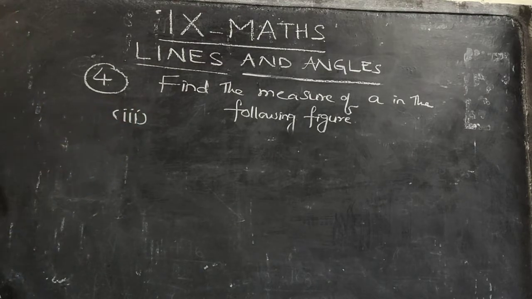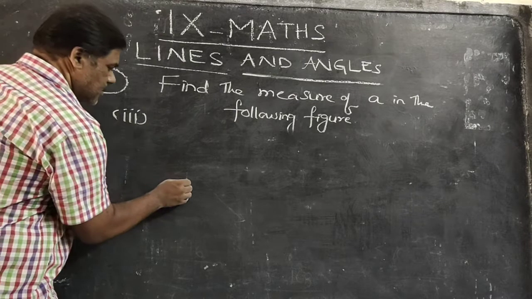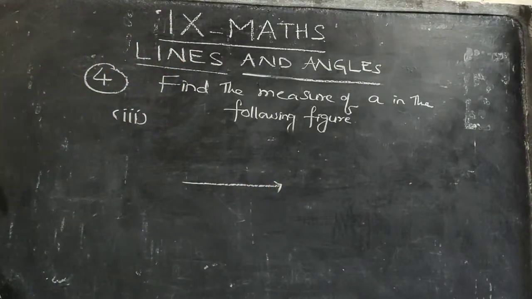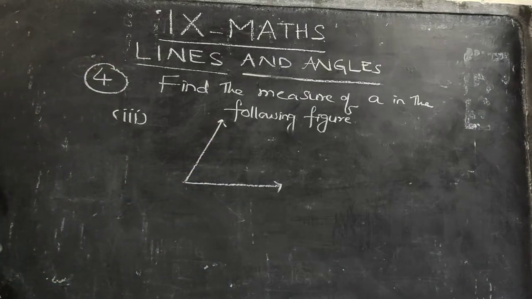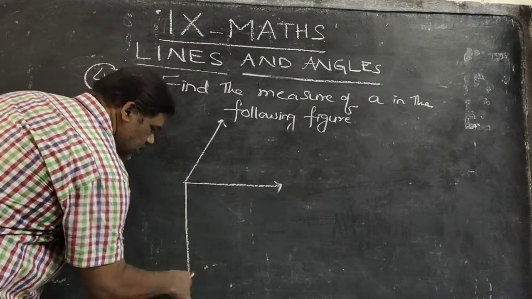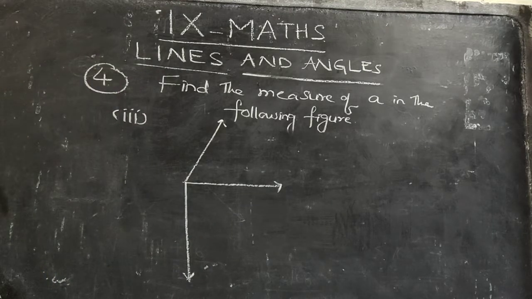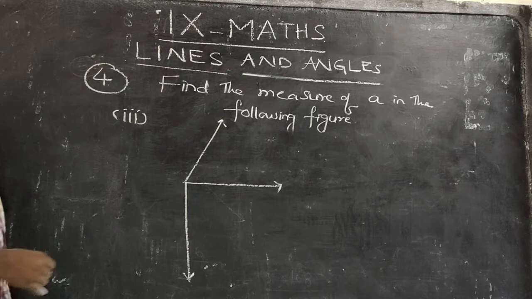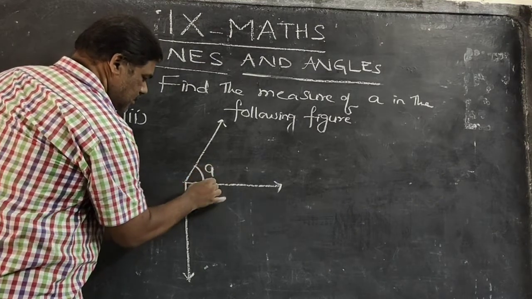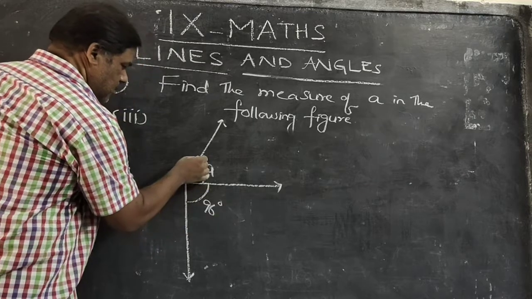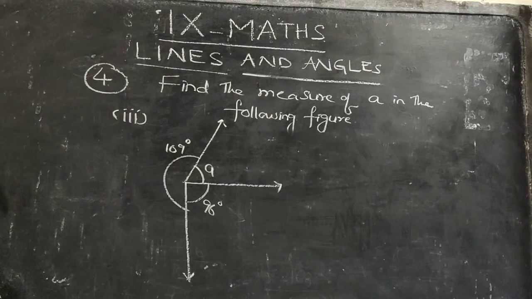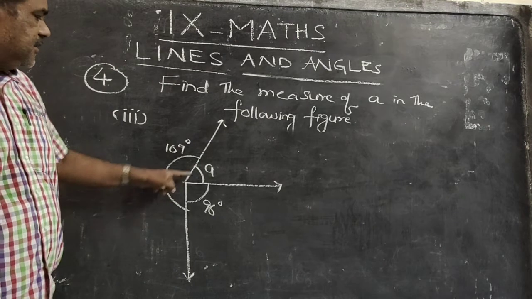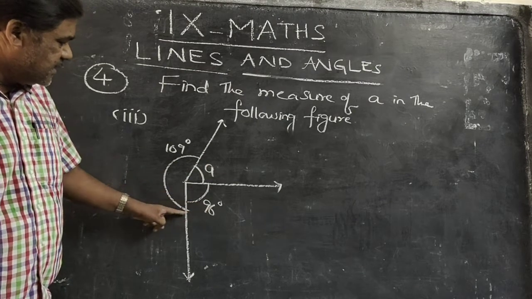Write the third one. Here in this figure, this is A, this is 96, this is 109.